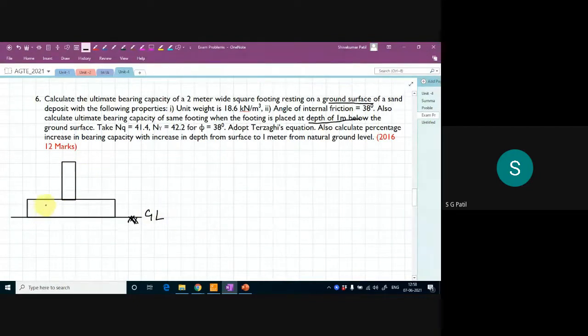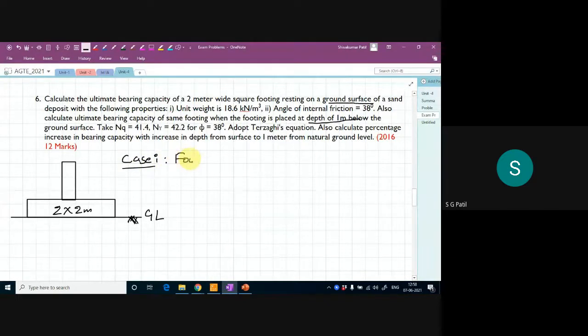What is the size of the footing? Calculate the ultimate bearing capacity of a 2-meter wide square footing. So this is a 2 meter by 2 meter square footing. This is my case one.